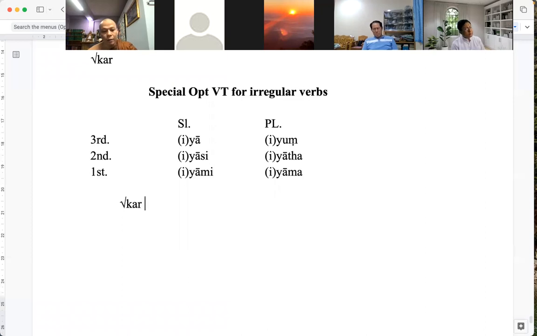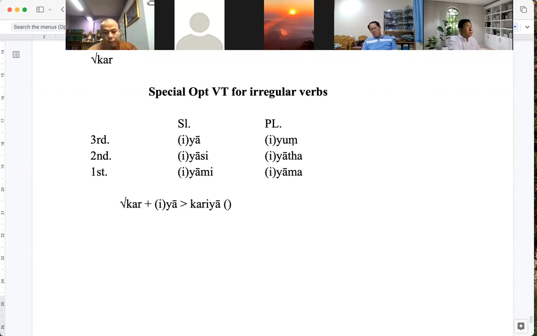So root car, to the root car, this ya, for the third person singular. Okay. And then here for this form, it is inserted. So we have kariya. At that time, consonant shaping happens, moving happens.